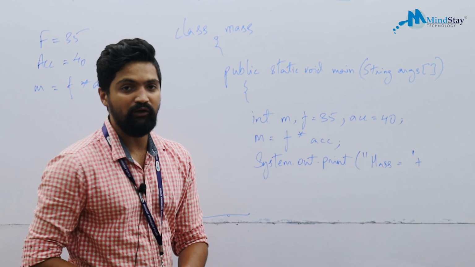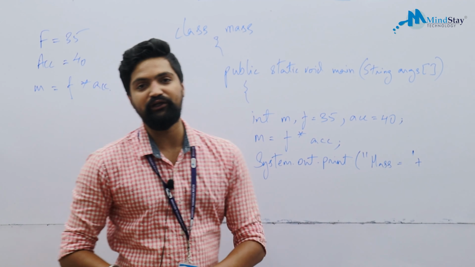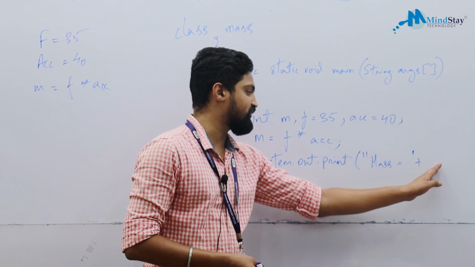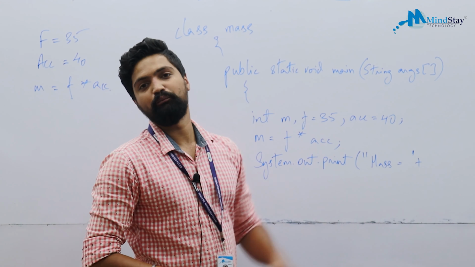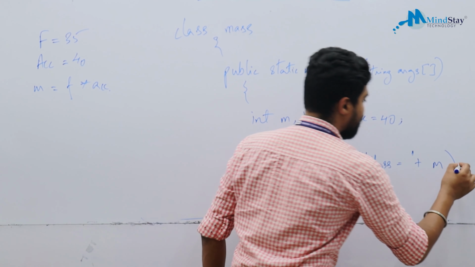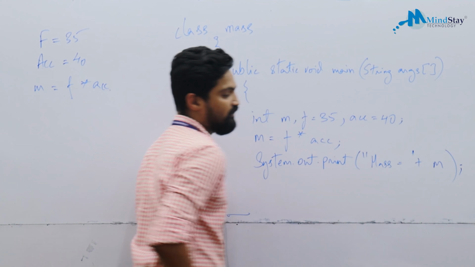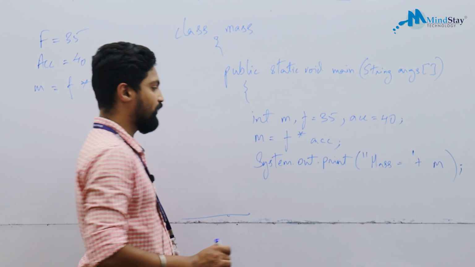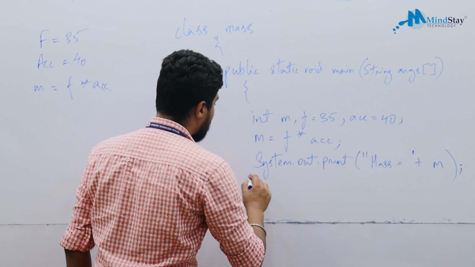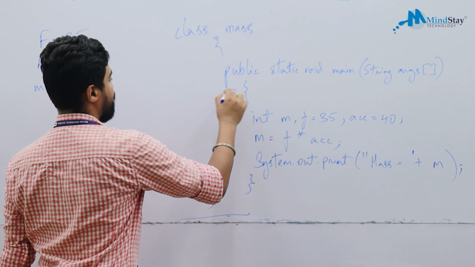Always remember, if you have multiple things that you want to print in a single System.out.print line, you can differentiate each thing with the help of the plus operator. This plus operator signifies that this is different content and that is different content, and you have to merge them. Fine. So this is what our code will look like, and then we'll close our main function and we'll close our class.